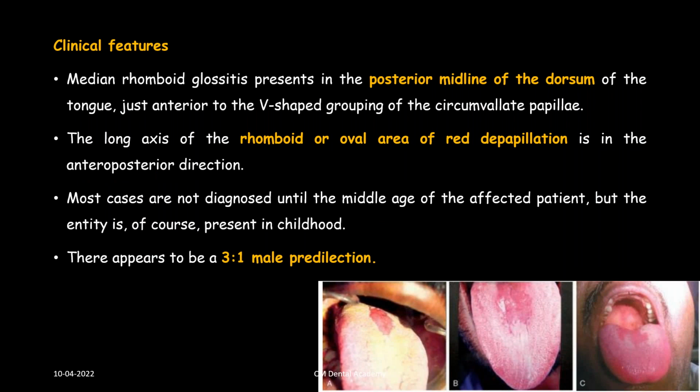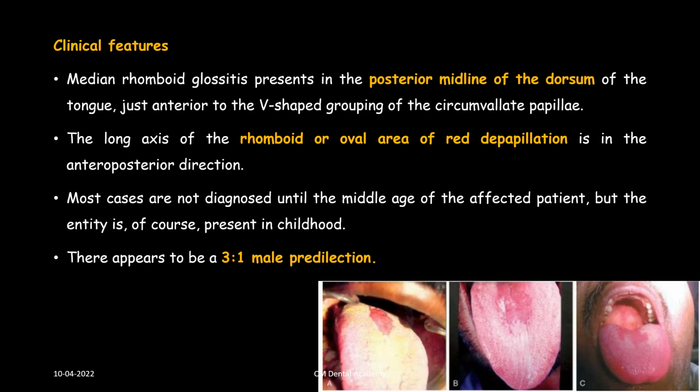Clinically, it presents in the posterior midline of the tongue, just anterior to the V-shaped grouping of the circumvallate papillae. The long axis of the rhomboid or oval area of red depapillation is in the anterior-posterior direction, as the photographs depict.